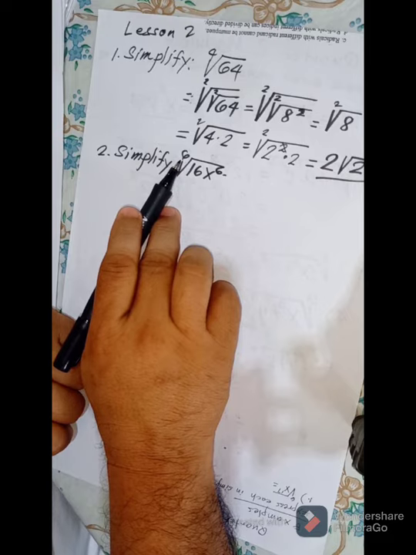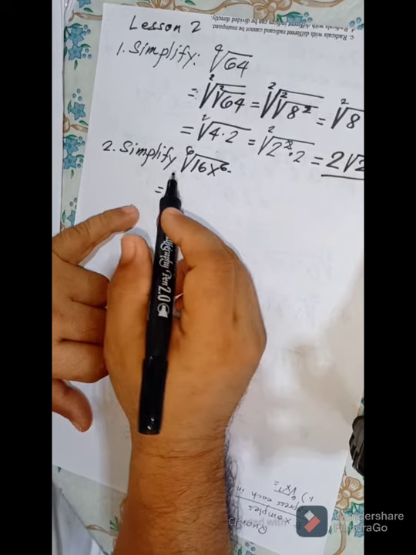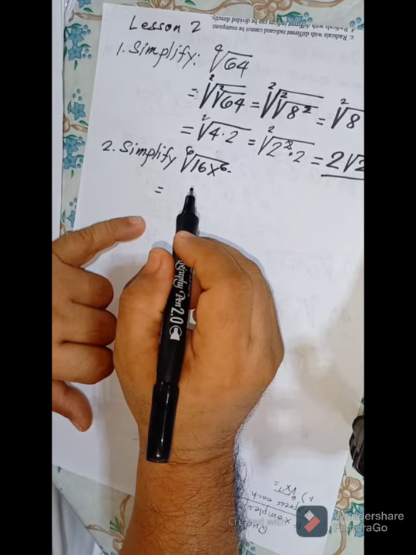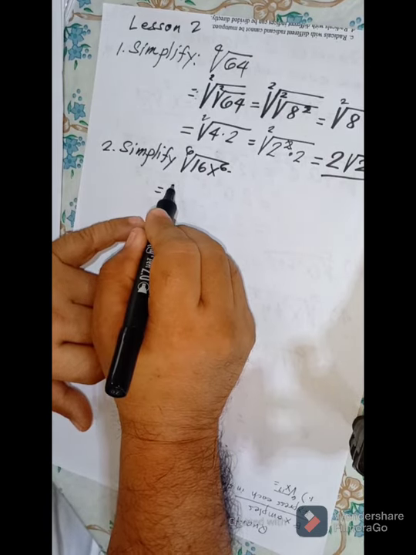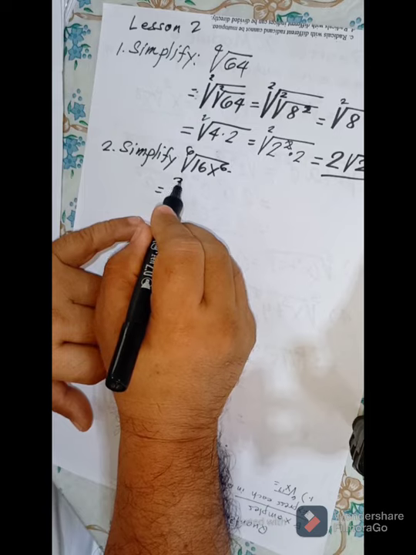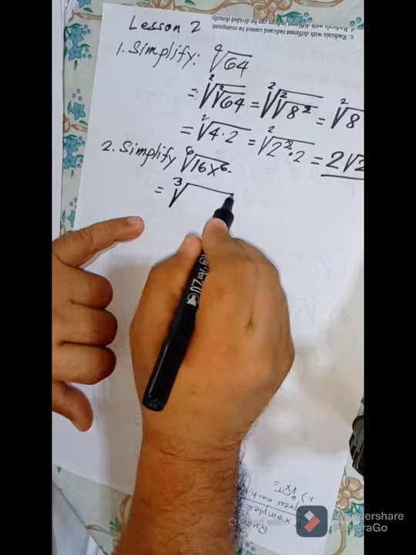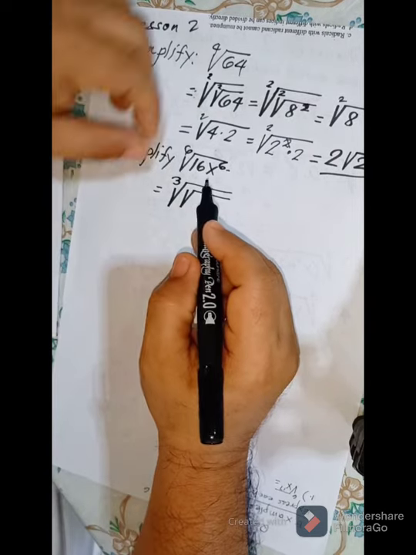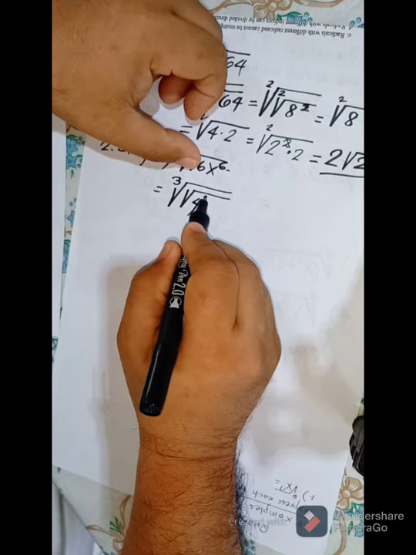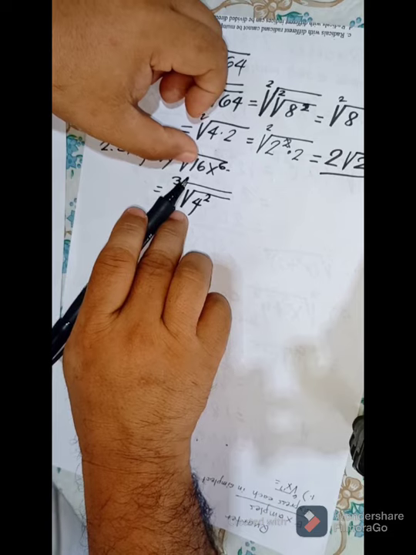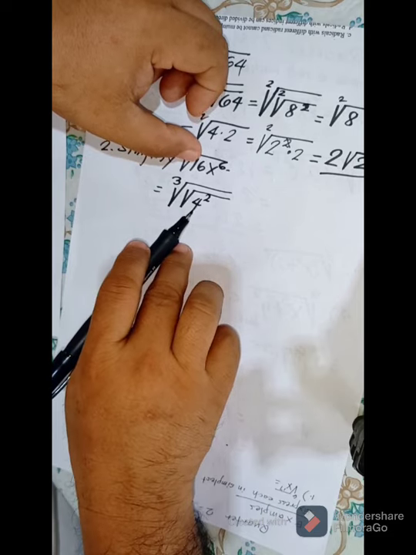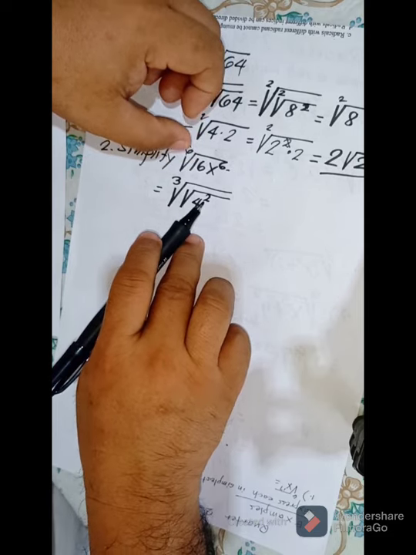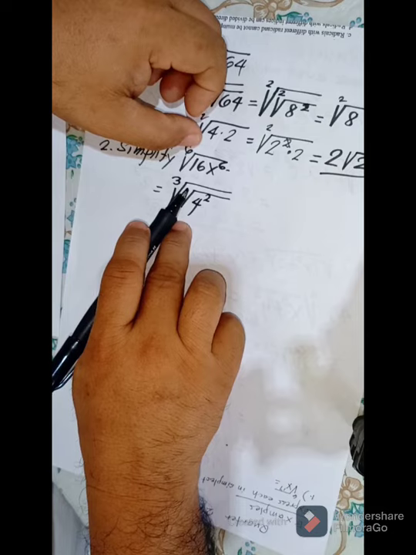3 times 2. So we have the cube root of the square root of 4 squared. 16 is written as 4 squared, so that the exponent 2 would be equal to the index here, understood 2.